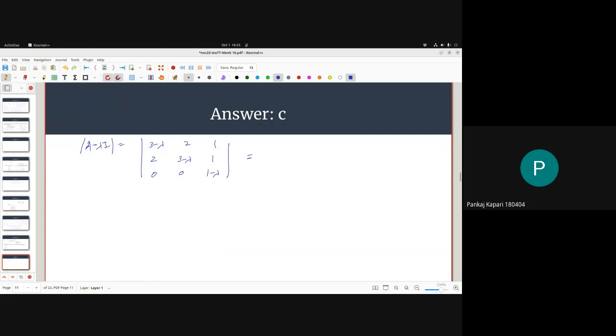You can see that these two entries are 0, so we can expand this determinant from the last row and we'll have minus of lambda minus 1 into lambda minus 3 whole square minus 4, right?